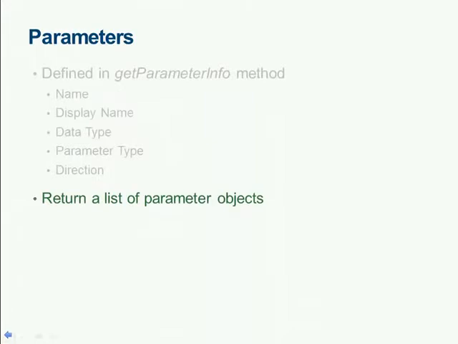To this method, we return a list of parameter objects. That list is used to populate the tool when we launch it. So by creating these parameter objects and then returning that list, we're defining the parameters for the tool.